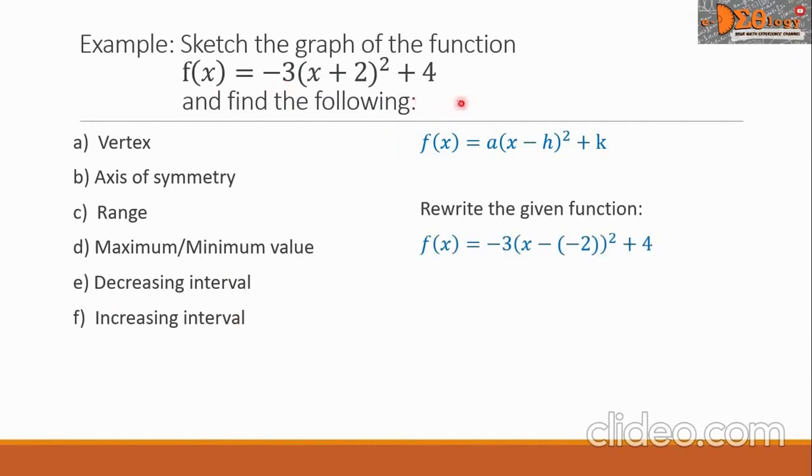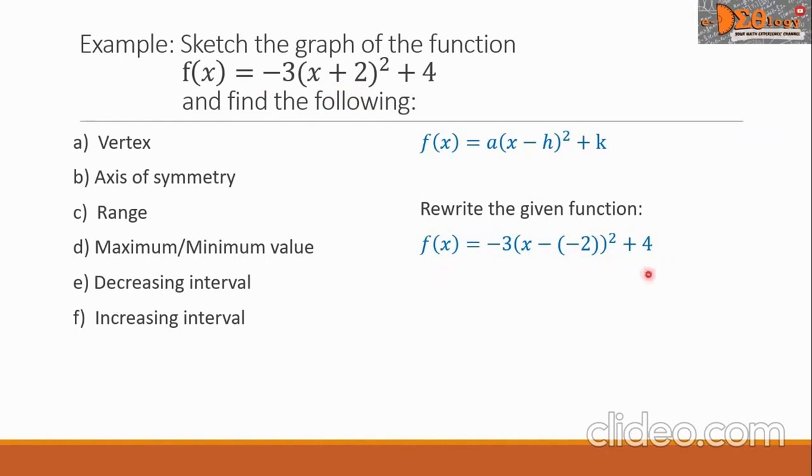We are going to copy exactly the same except this plus 2. Since the standard form is written x minus h, we are going to rewrite this plus 2 as negative of negative 2. And the rest of the function will be the same.